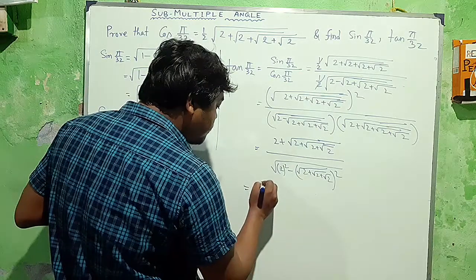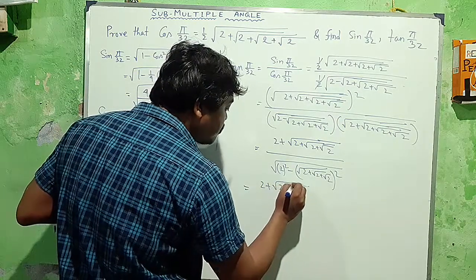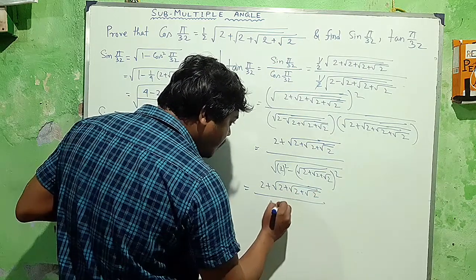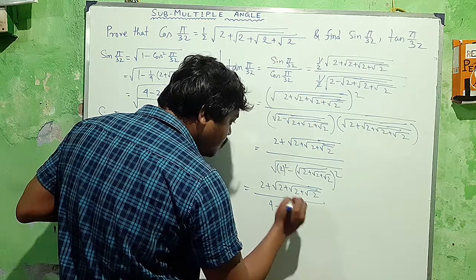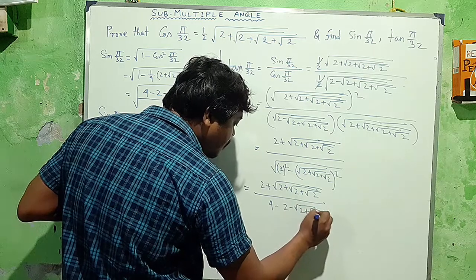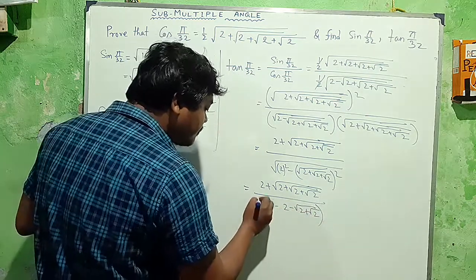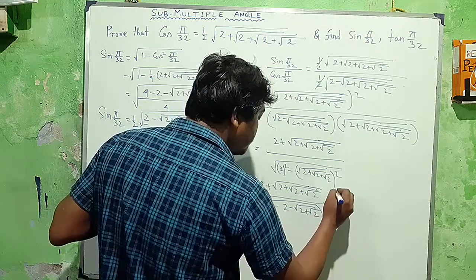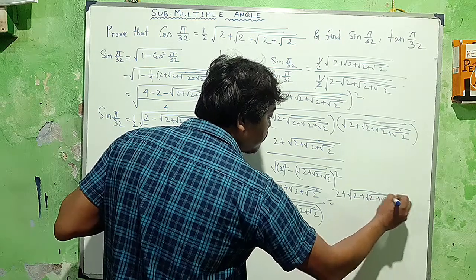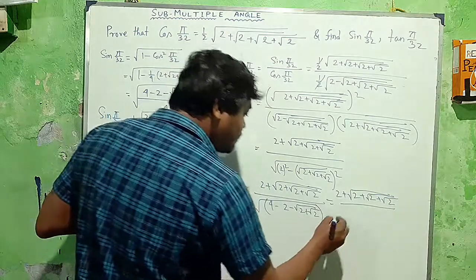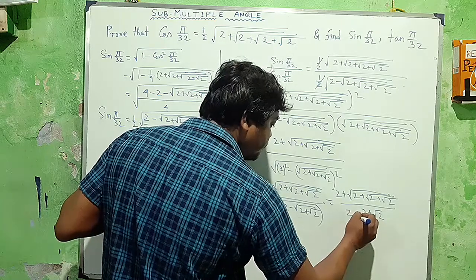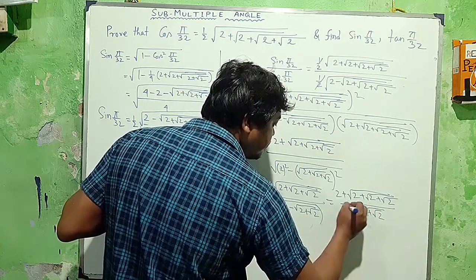So after some calculation, 2 plus root 2 plus root 2 plus root 2 by 4 minus 2 minus 2 square root of 2 plus square root of 2. So that gives 2 plus square root of 2 plus square root of 2 by square root of 2. 4 minus 2 gives 2 minus 2 plus square root of 2.